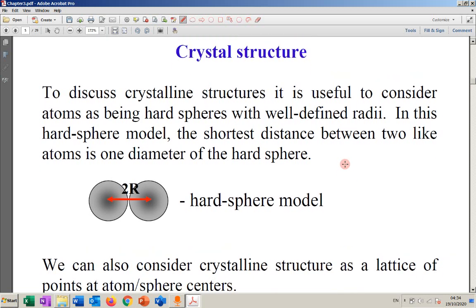Now we have to understand some other terms. In this chapter, when we're talking about an atom, we will consider the atom to be a sphere model, and that sphere will have a radius.